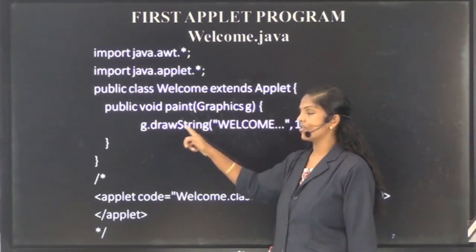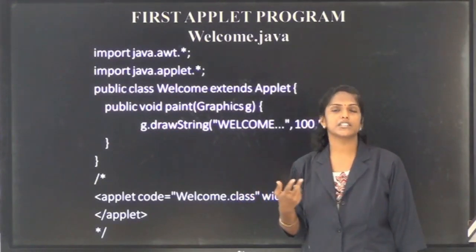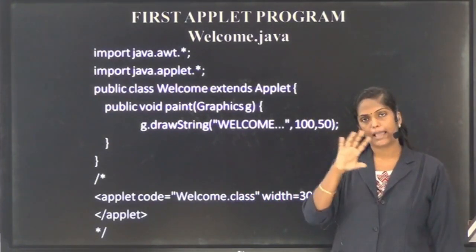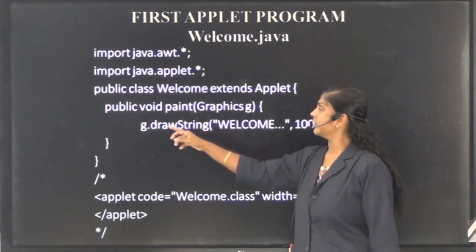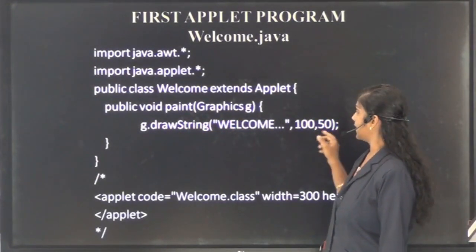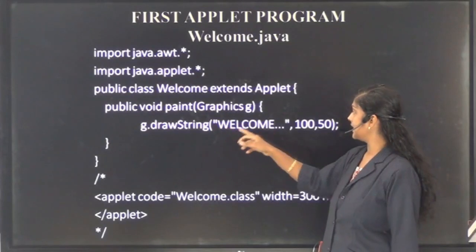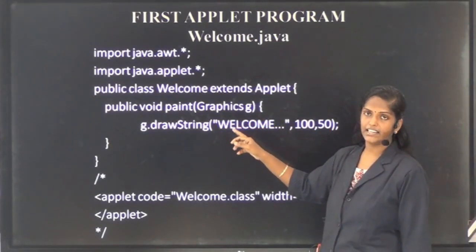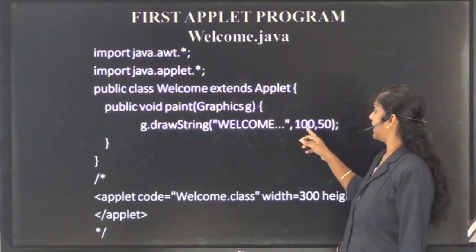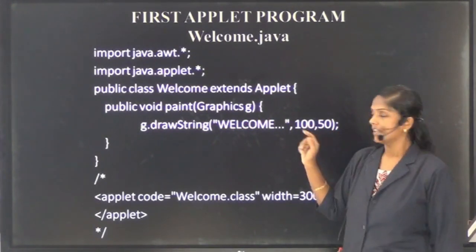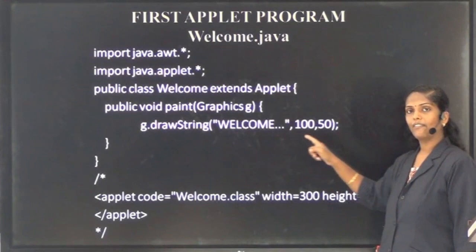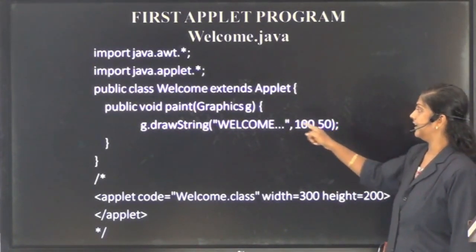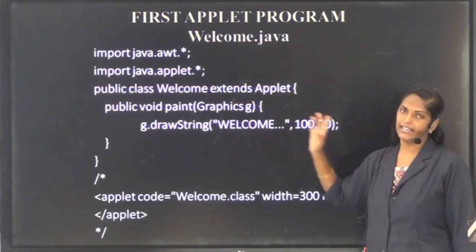So g.drawString is used for displaying some string in the applet container. Within it we pass 3 parameters: a string, the message that needs to be displayed, and the x and y coordinates. So at the 100th x location and the 50th y location, we display this message, welcome.